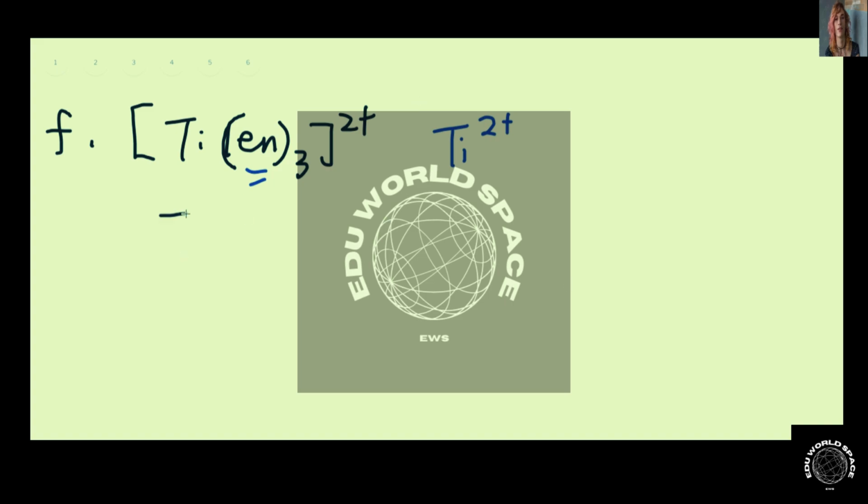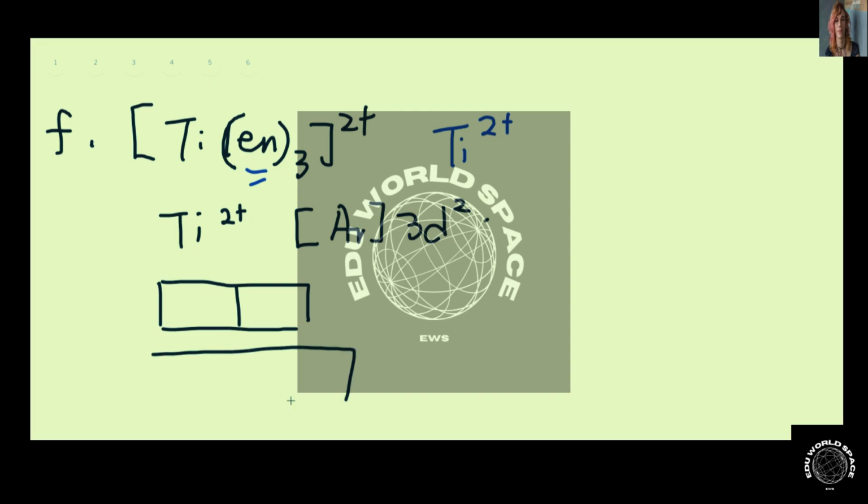So for titanium 2+, the electron configuration is [Ar] 3d2, and we will draw the energy level with 2 electrons on the lower energy level, that is the d2. So that is the answer for part F.